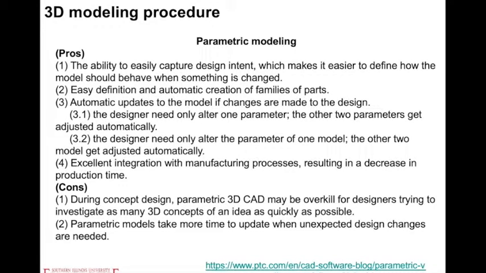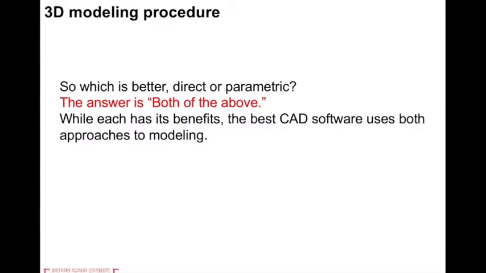So this is the link for more discussion as well. Now after the comparison, which is better, direct or parametric? The answer is both of the above, depending on what purpose you want to use it for and what phase of your design work you are in.